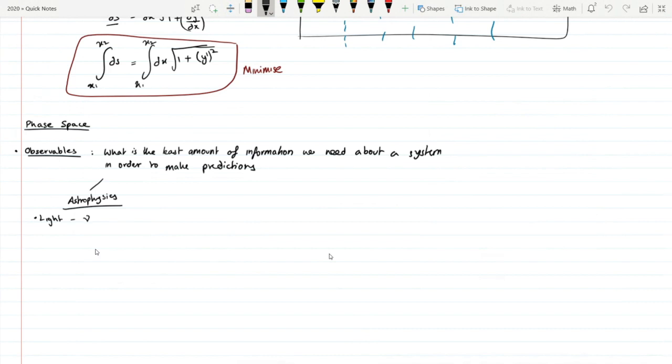It could be the luminosity of the light, right? It could be the radial velocity. Another important thing in astrophysics is the temperature, right? These are all important quantities that, once you think about these and say, well, can I get one from the other? Is temperature related to frequency in any way? So can I eliminate this and only talk about frequency? What about luminosity? So these are the questions you ask in astrophysics, right?